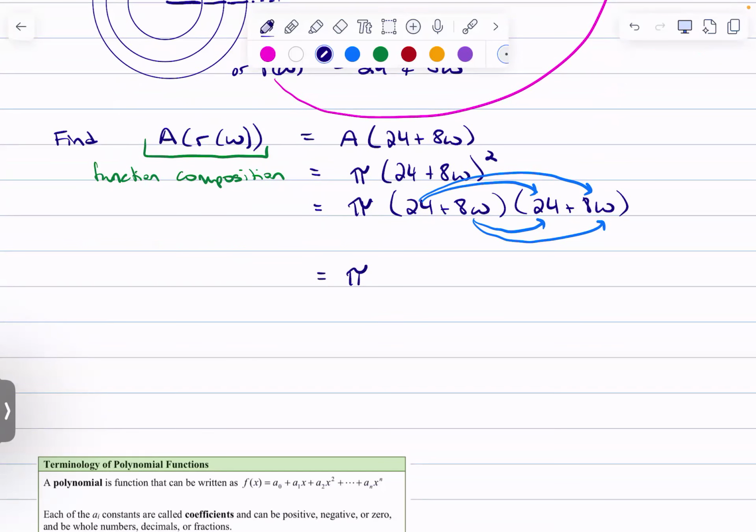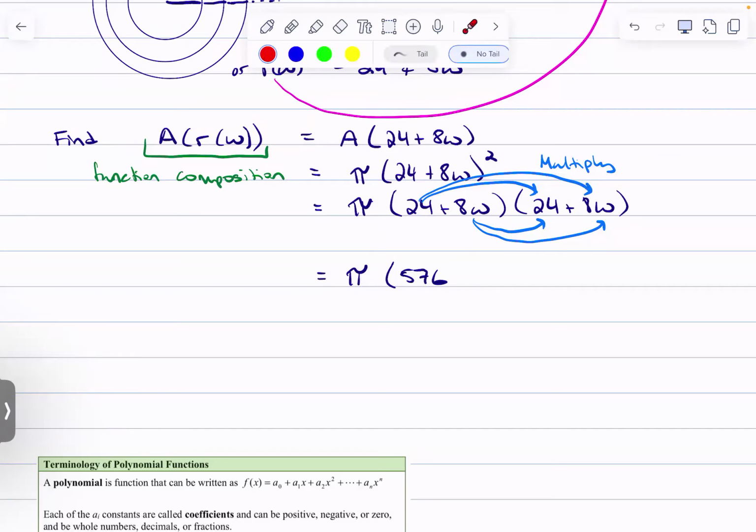Keep that pi outside. 24 times 24. I'll just make a note here that you have to multiply these. I'll use my calculator. 576.